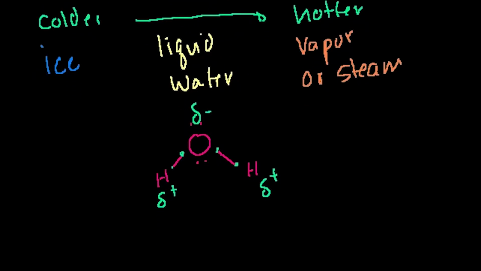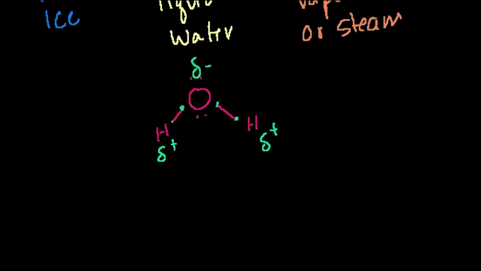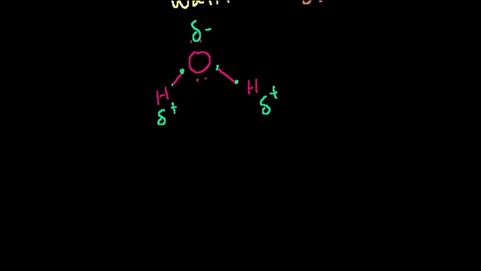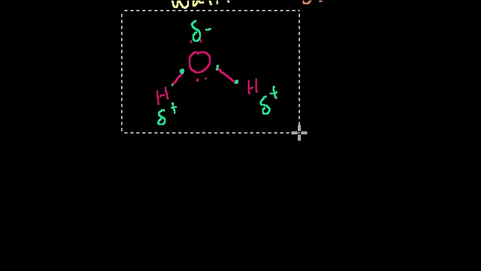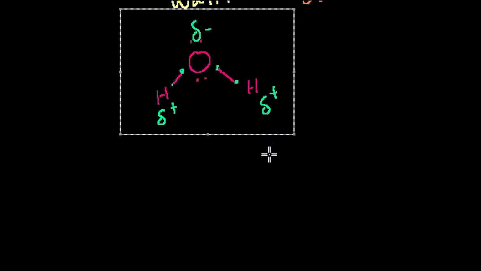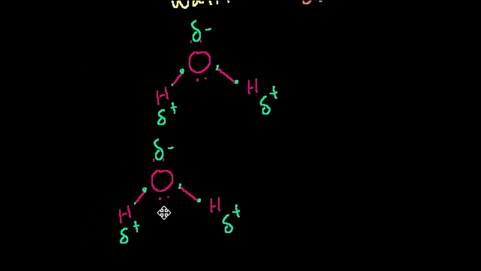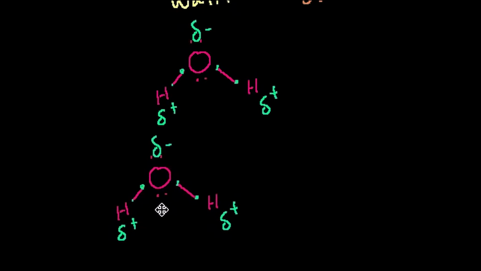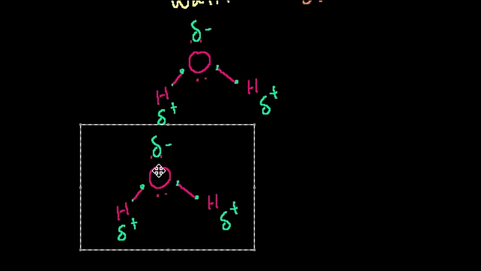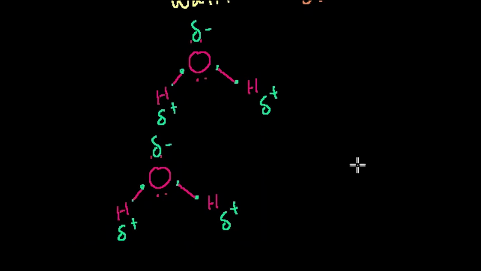So when we talk about the state of matter, we actually think about how the molecules are interacting with each other, not just how the atoms are interacting with each other within a molecule. So let's say that I just drew one oxygen. Let me copy and paste that. But I could do multiple oxygens. And let's say that this hydrogen is going to want to be near this oxygen because this has a partial negative charge and this has a partial positive charge.